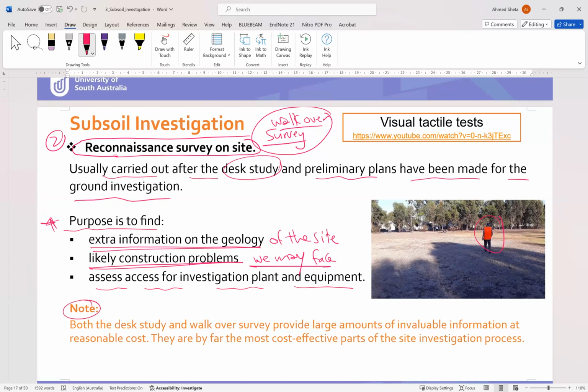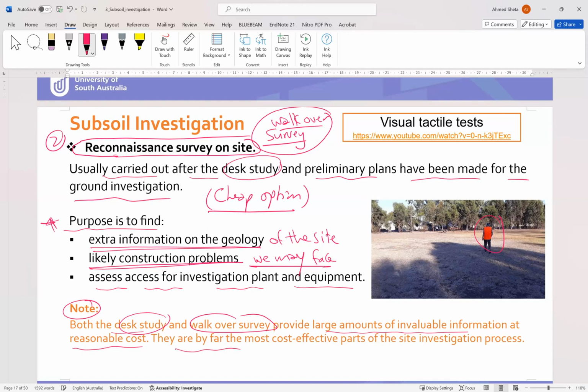Okay, we note here that both the desk study and walkover survey provide large amounts of invaluable information at reasonable cost. The main advantage is that it is a very cheap option to find the information compared to the next stages.